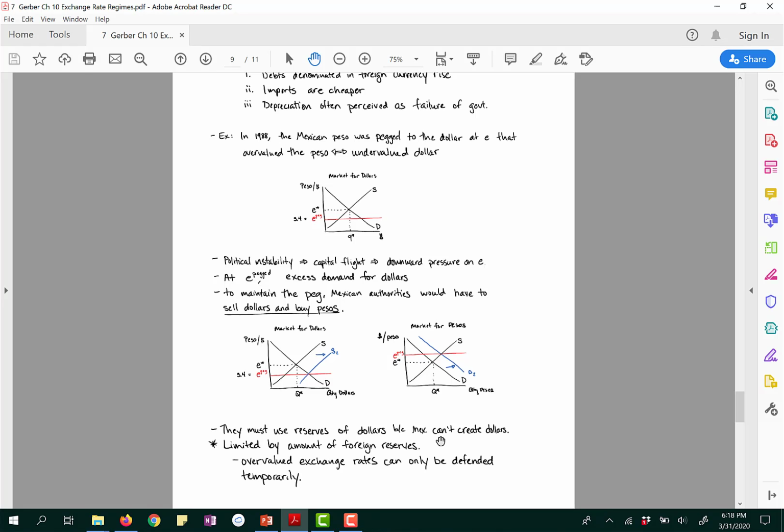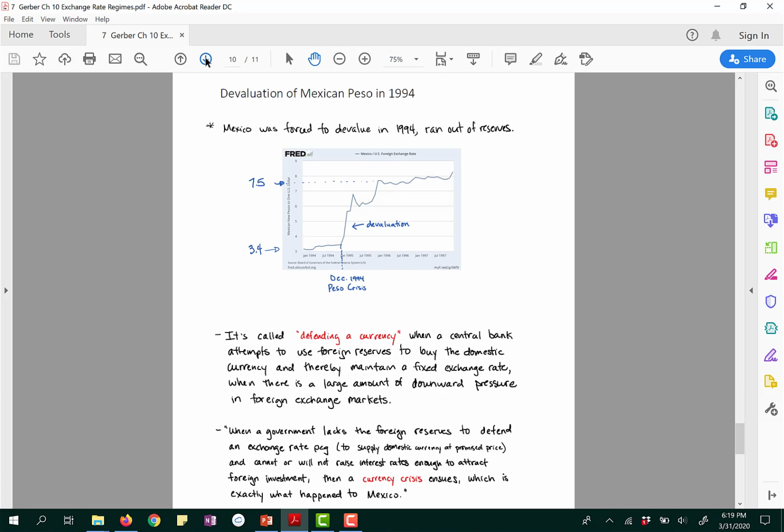So, unlike a situation where a country's keeping their exchange rate undervalued, an overvalued exchange rate can only be defended temporarily, because if you run out of foreign reserves, if you run out of dollars, then the central bank loses the ability to maintain the peg.